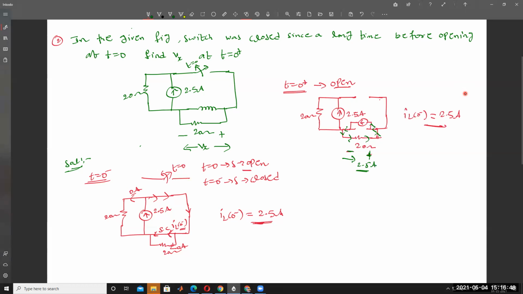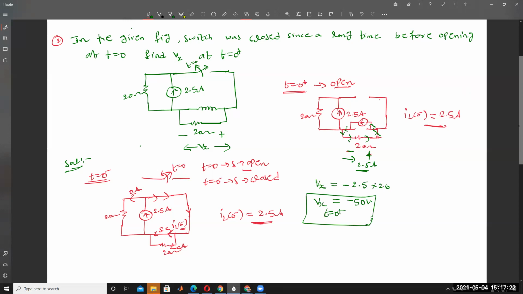So V is equal to Vx, the voltage across the 20 ohm resistor. Vx is equal to minus, I into R, 2.5 into 20. How much? Minus 50 volts. So Vx at t is equal to 0 plus is minus 50 volts. This is the answer.